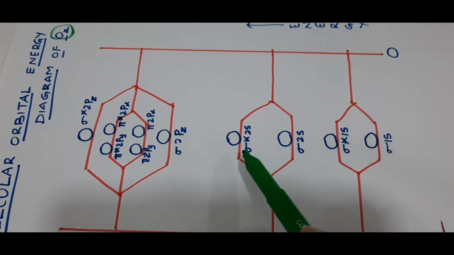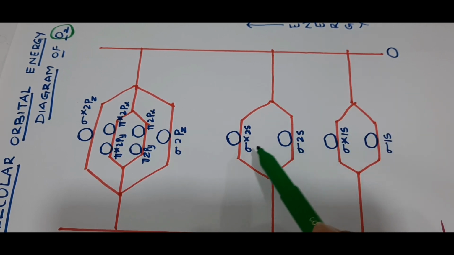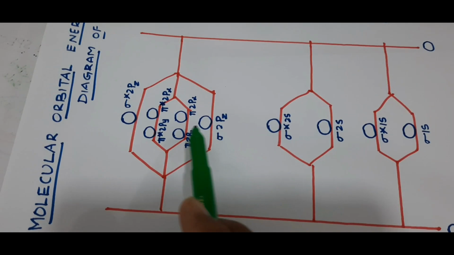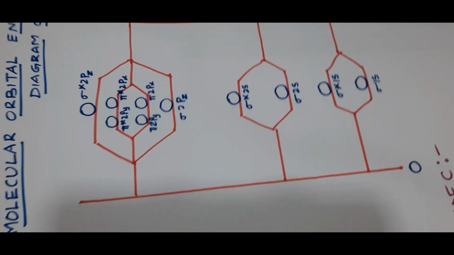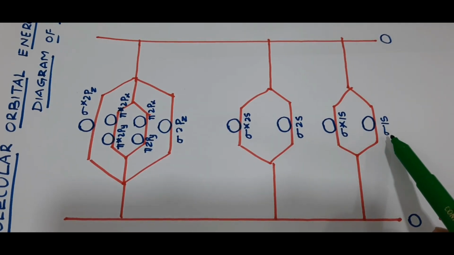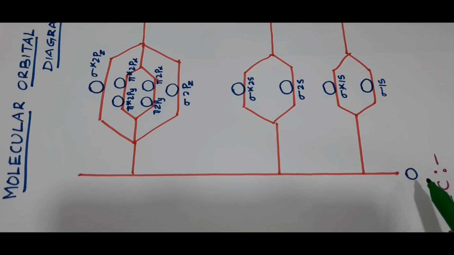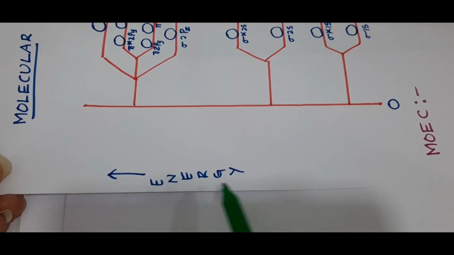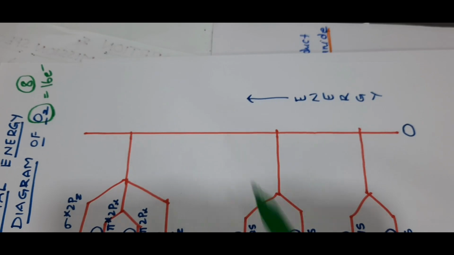Sigma 2s has low energy and sigma star 2s has higher energy. This is called the molecular orbital energy diagram. As we move from sigma 1s to sigma star 2pz, the energy increases.